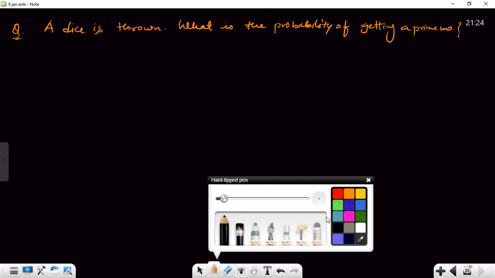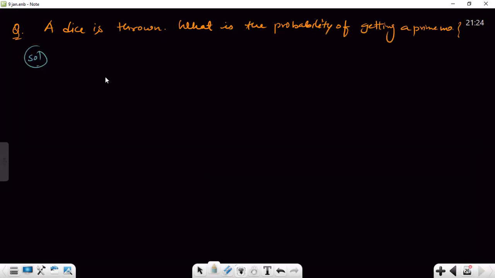Now let's solve it. If a dice is thrown, the sample space is 1, 2, 3, 4, 5, and 6. The favorable outcome is, how many prime numbers can you spot in this sample space? Three, sir. Which ones? Right?